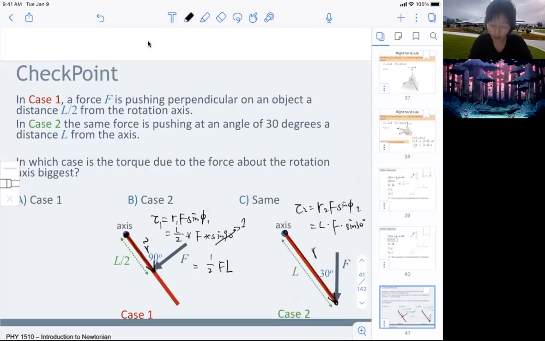Sine of 30 is 1/2, so you get 1/2 F times L. You can see that these two cases give you the same torque, even though the force is applied at different locations, because one of them is applied at a shorter distance but has a bigger angle, and the other is applied at a longer distance but with a smaller angle. So overall, they give you the same torque. Really just a direct practice on using the definition for torque. The definition for torque is R cross F, which is R F sine phi if you look at the magnitude.